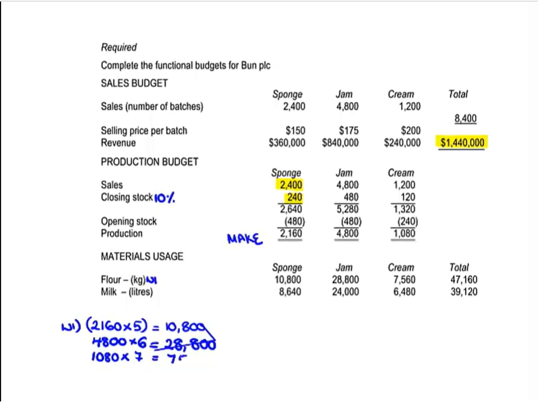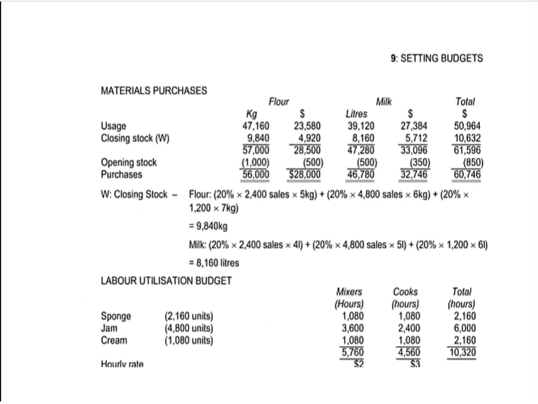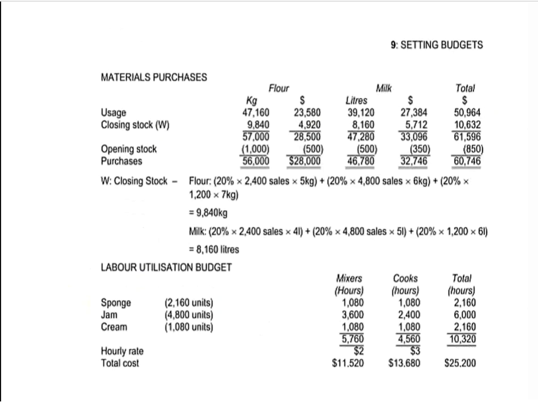So that's 7,560. So in total for the production, we need 47,160 kilograms of flour, but that's not how much we need to buy, because we need to consider inventory.